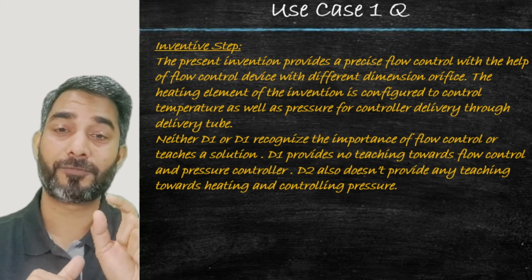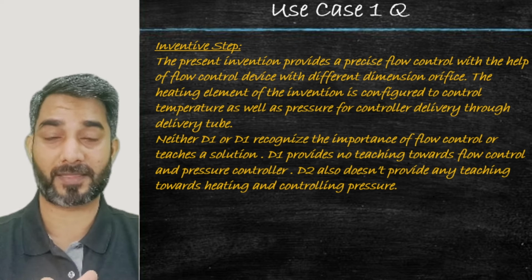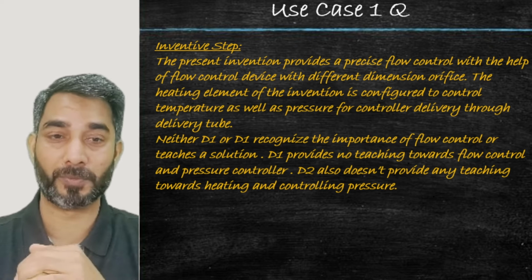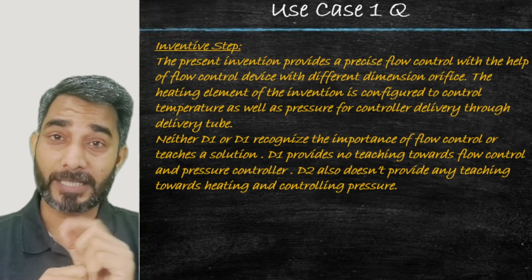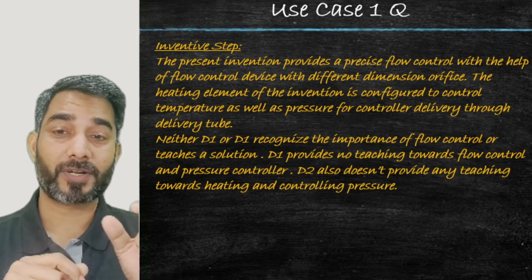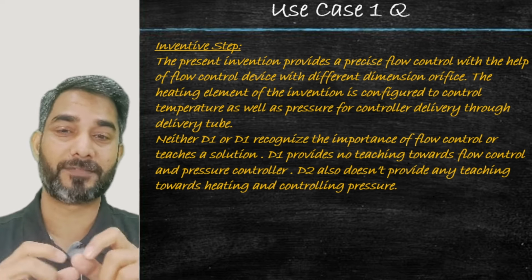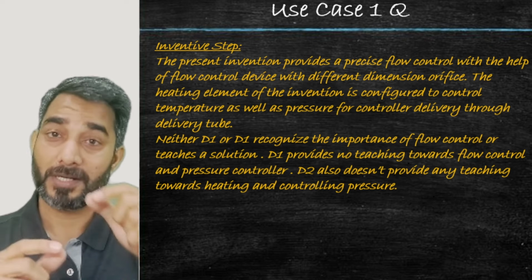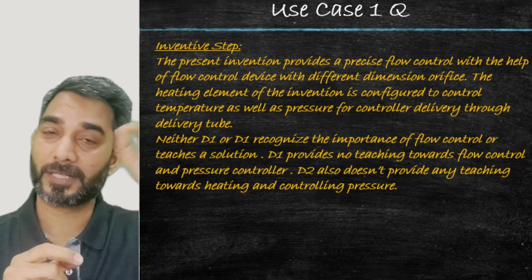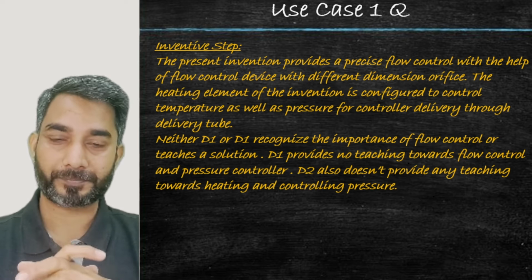With the help of a flow control device with different dimension orifices, because of which we are able to control the flow. The heating element of the invention, remember they talked about the heating element also, is configured to control temperature as well as pressure for controlled delivery through the delivery tube. The pressure, elevation, remember they were talking about it. So we just made a story of it.